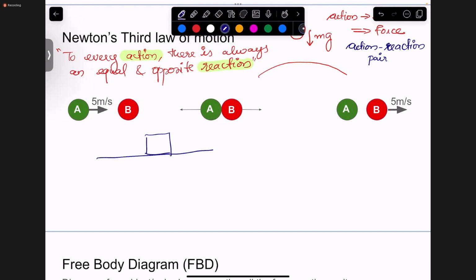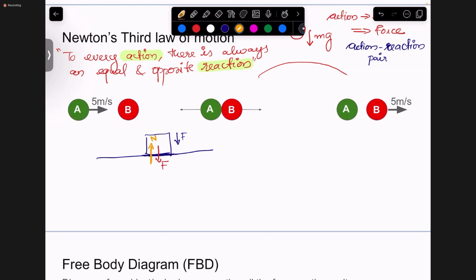There is a force exerted by this block on the surface, acting at the contact, and there is another reaction force, called the normal force, which is exerted by the surface on the body.